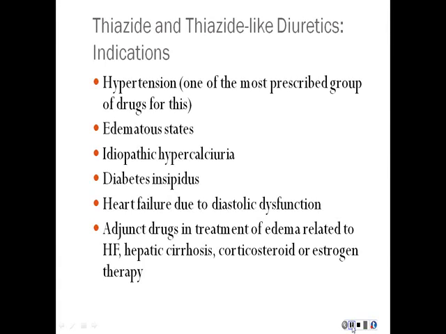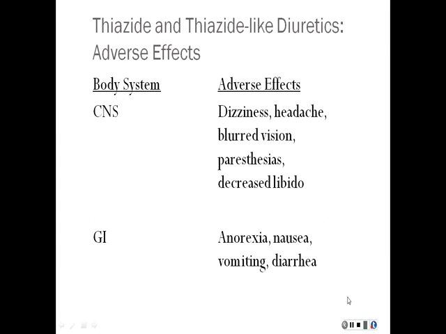It is also used for edema, diabetes insipidus, heart failure, and is used as an adjunct drug in the treatment of edema related to many different types of problems, from heart failure to hepatic cirrhosis, estrogen therapies, etc.